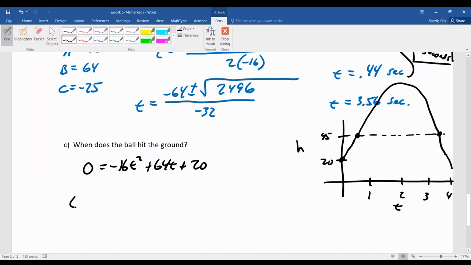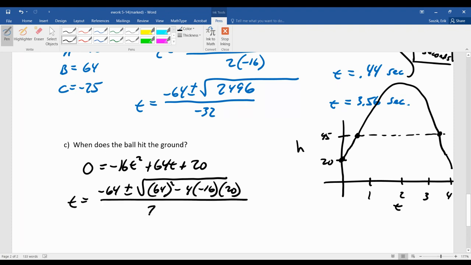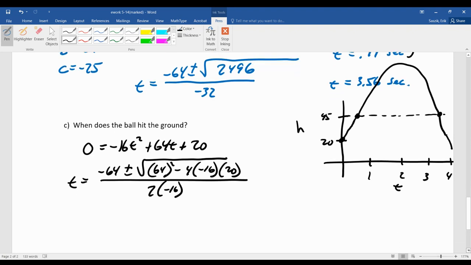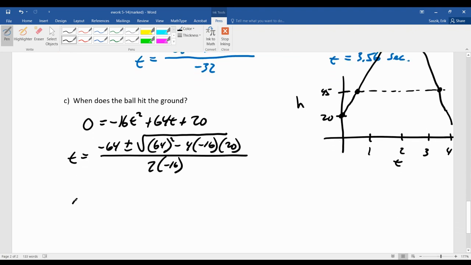So t equals opposite of b plus or minus square root b squared minus 4 times a times c all over 2 times a. Almost there. So t equals negative, sorry, that's the denominator. Just getting ahead of myself.